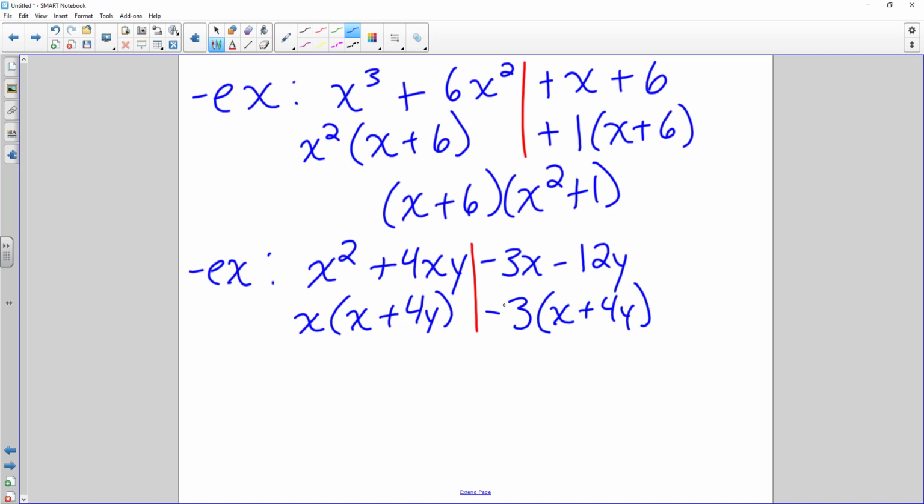So negative 3x, negative 12y. But now that common binomial matches up. So my one binomial is x plus 4y. The other one is the stuff out front, x minus 3. Okay, so I get my two binomials. I could FOIL it out to check it, but that should match up to the original problem.